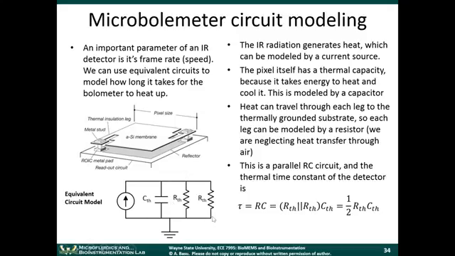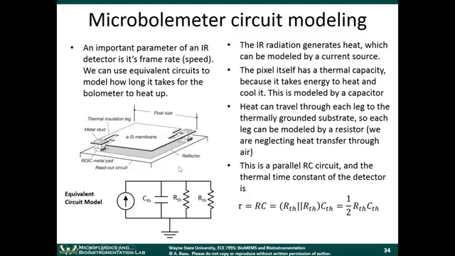These thermal resistances represent the heat flow paths where this pixel is connected to the substrate through these legs. Heat can flow through the legs. Okay, so from a purely thermal standpoint, this is heating up. And when that membrane is heated up, heat flows between the hot object to the cold object.